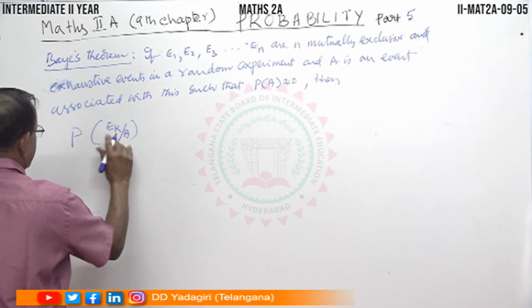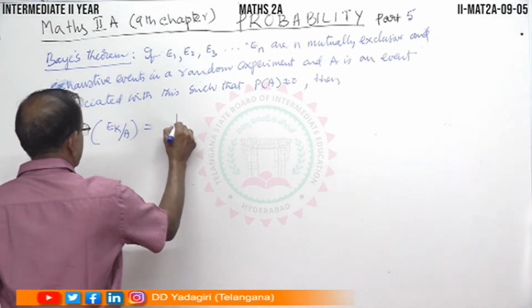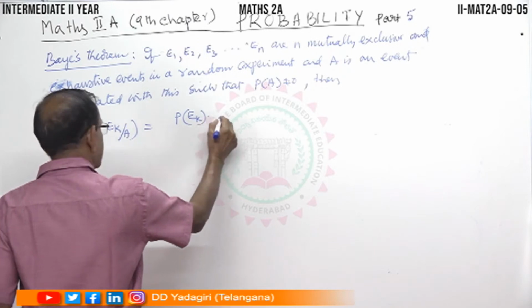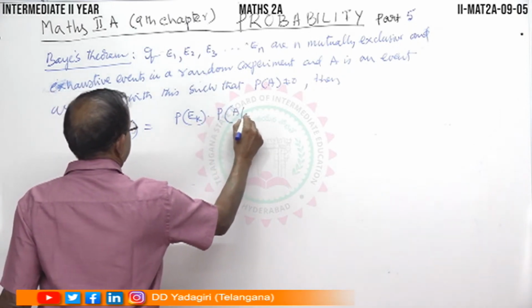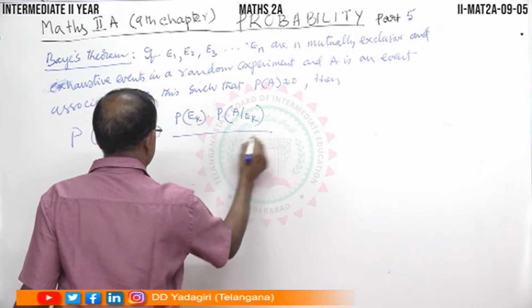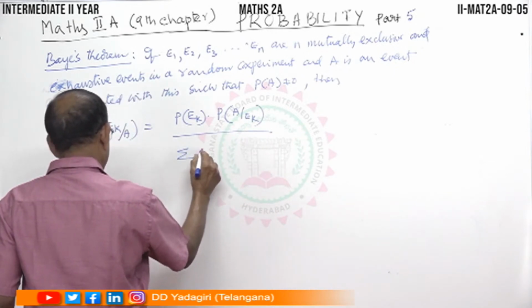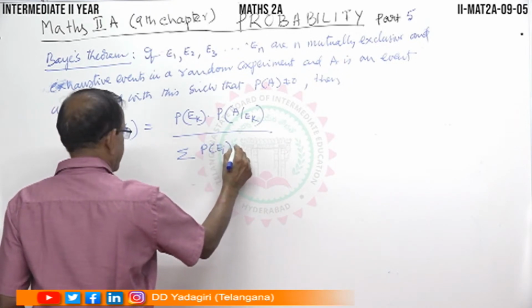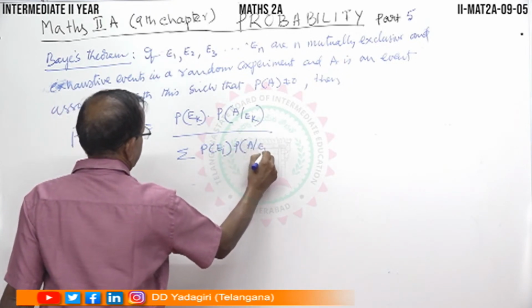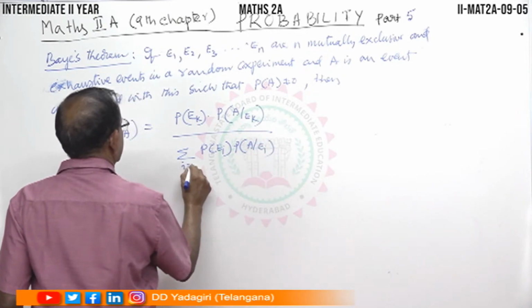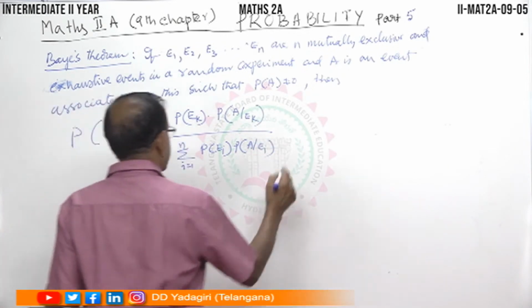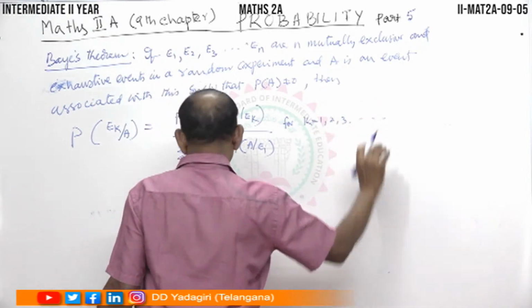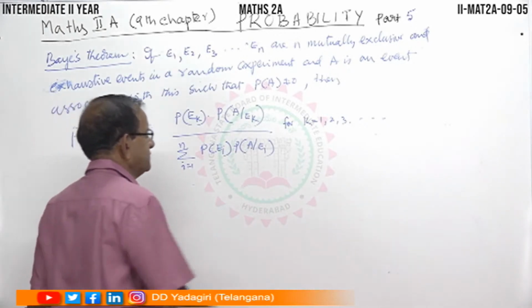Ek oblique A is equal to P of Ek into P of A oblique Ek, divided by sigma P of Ei into P of A oblique Ei, i is equal to 1 to n, for k is equal to 1, 2, 3 up to n.